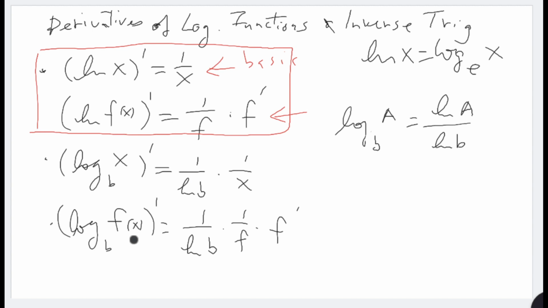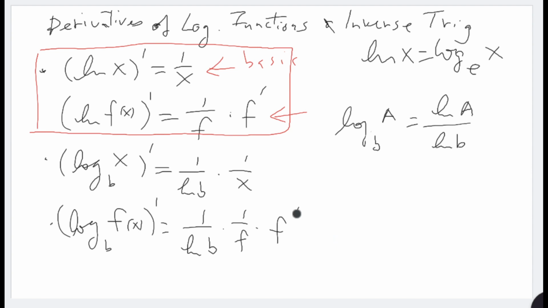And we also have a composite form of a general log, meaning the base is a general number and the expression inside the log is some function. Then again, we could use the chain rule to find the derivative of this expression as this.